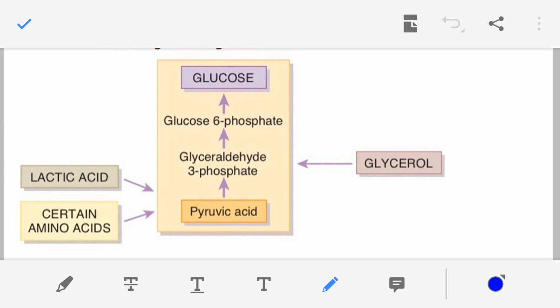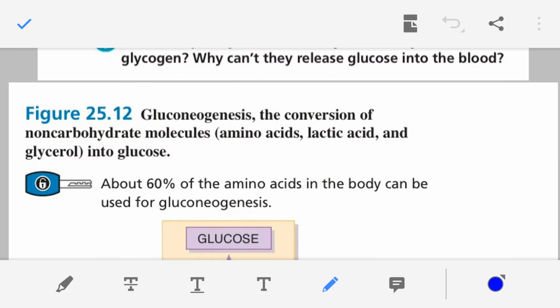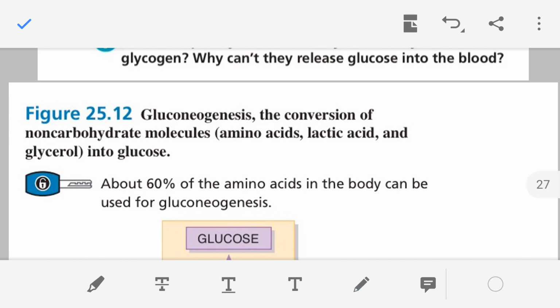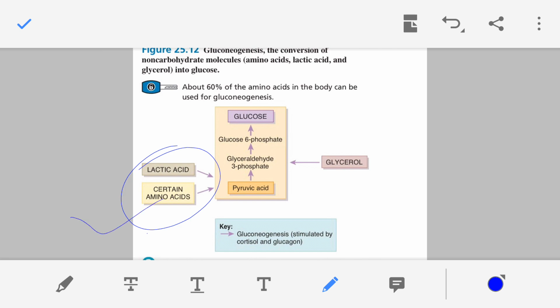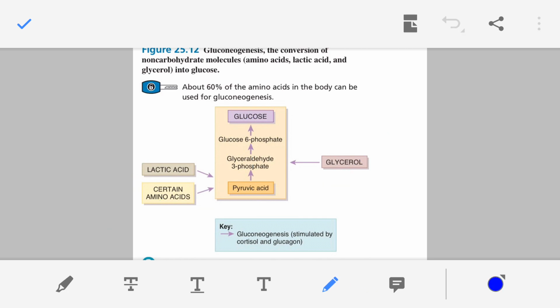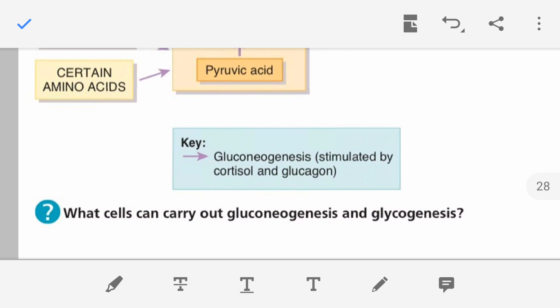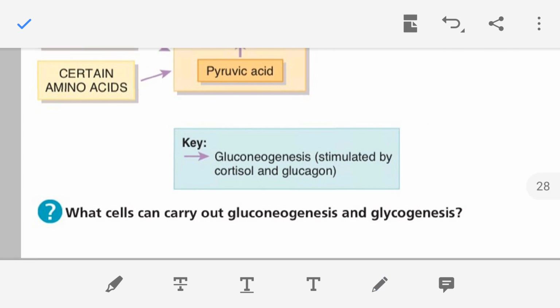But the extra amino acid, whenever it is needed, amino acid can also be converted into glucose, and this mechanism is known as gluconeogenesis. So here you can see the lactic acid, amino acid, glycerol, they are converted into glucose. And this process, gluconeogenesis, is stimulated by cortisol and the glucagon hormones.